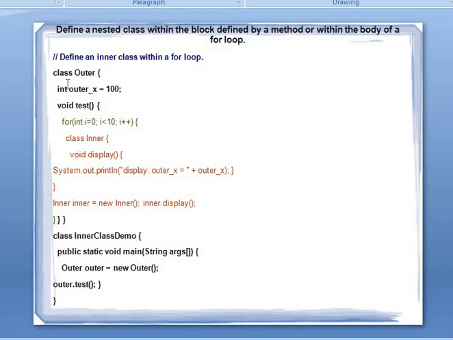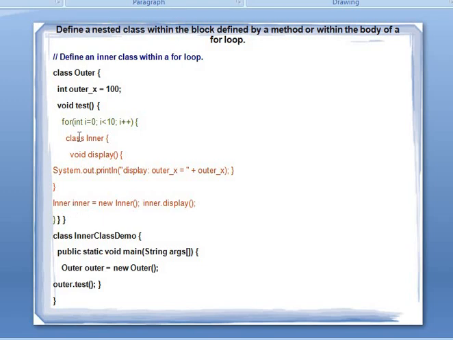Okay. So here the outer class is there. Similarly, two members are there. Outer x is the variable and void test is the method. So inside test we have placed one for loop. So 0 to 10, that is the limit. Starting from 0 till 9 it will execute because i less than 10 is specified. So inside the inner class, the void display method is there, that displays the outer x value.